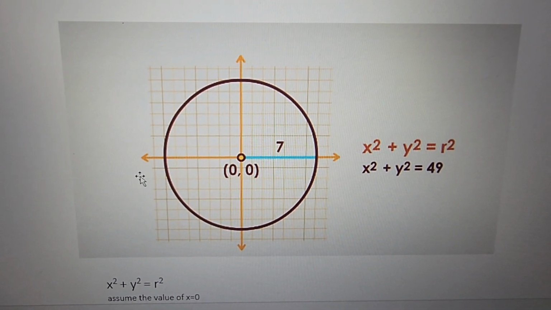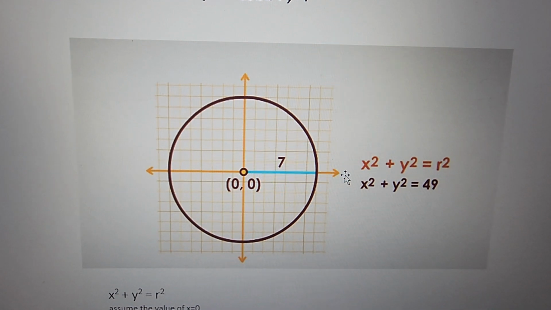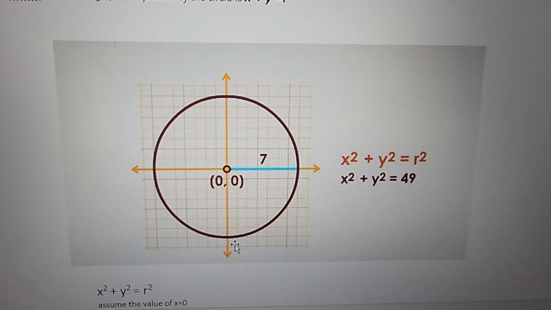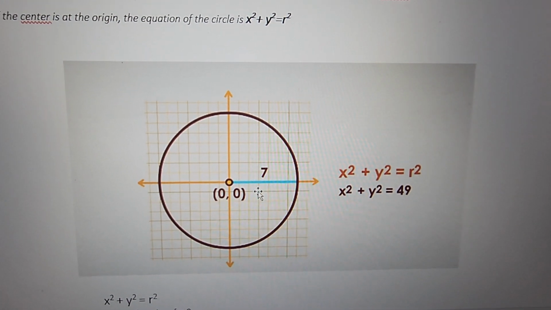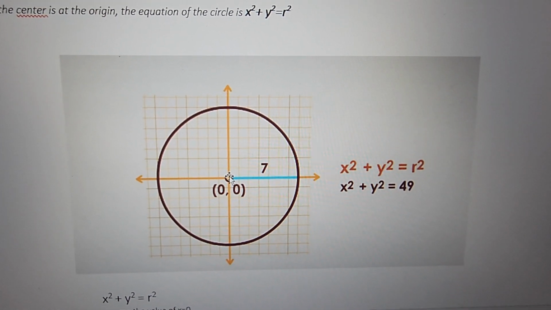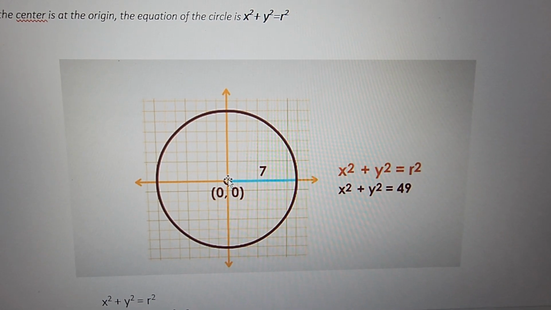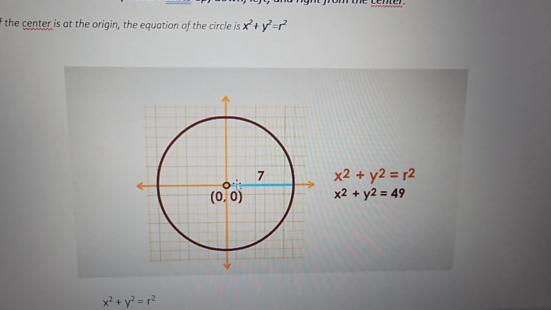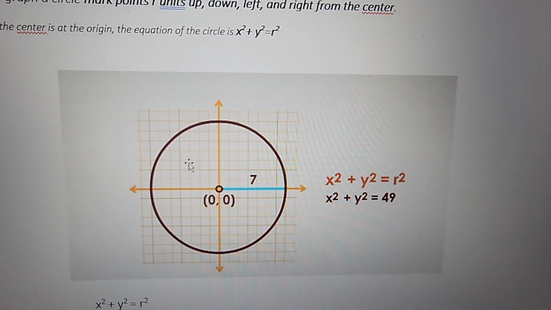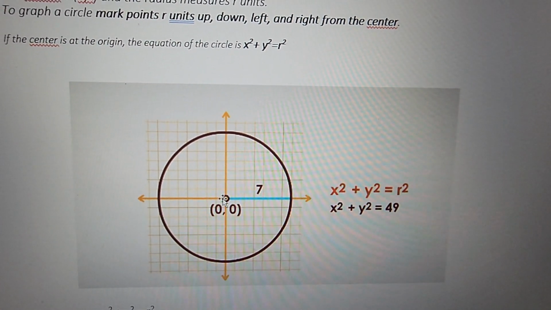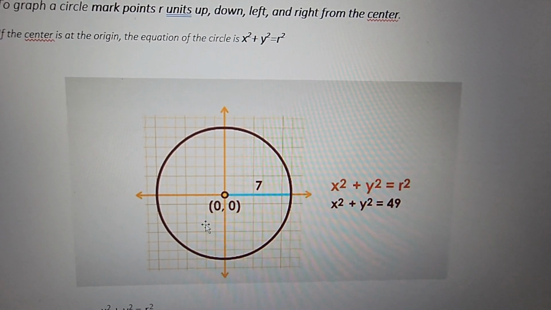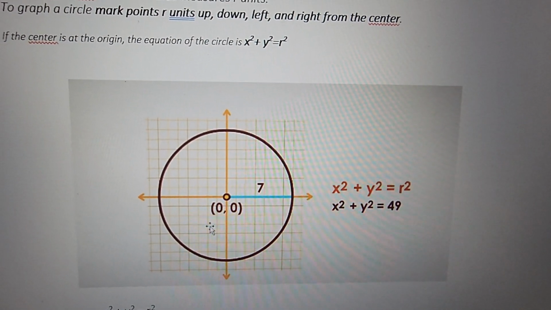So the horizontal line is x and the vertical line is y. Any distance from 0 to any point on the circle, we call the radius. So the radius from the center to any point of the circle is equal.